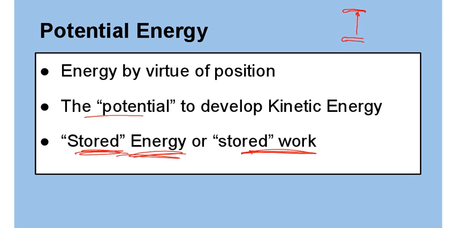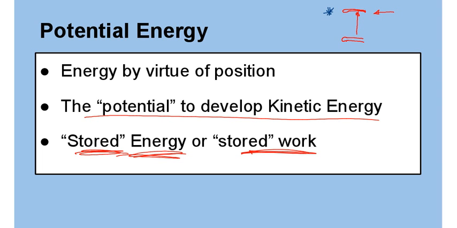A third way, the potential to develop kinetic energy. If I've got the book up here at the top and I turn loose of it, then it changes back into kinetic energy. It falls. Gravity accelerates that thing. And so my work is kind of stored up there. Any way you want to think about that. By virtue of being up in the air, it has this gravitational potential energy.